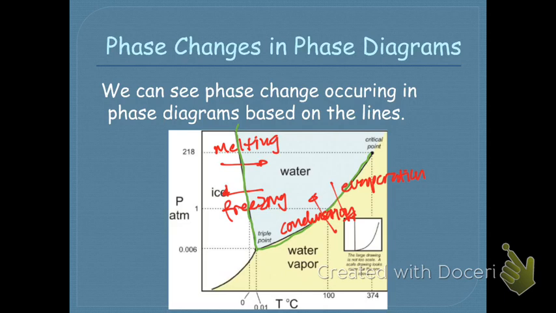And lastly, we have this area right here where solid meets gas. So this is where sublimation and deposition will occur.